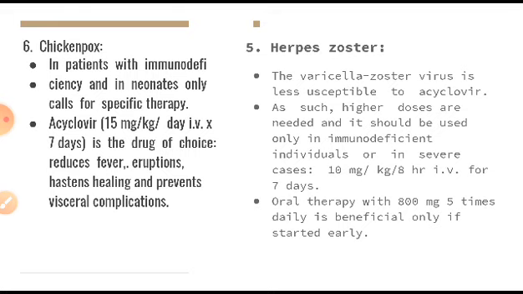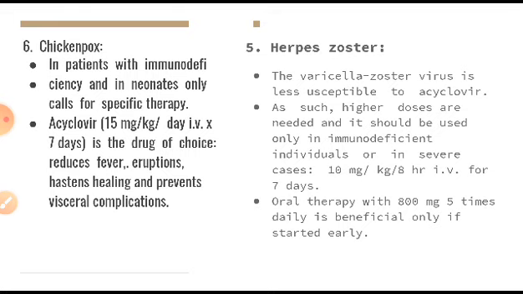Next is herpes zoster. The varicella zoster virus is less susceptible to acyclovir. As such, higher doses are needed and it should be used only in immunodeficient individuals or in severe cases. Oral therapy with 800 mg 5 times a day can be given.